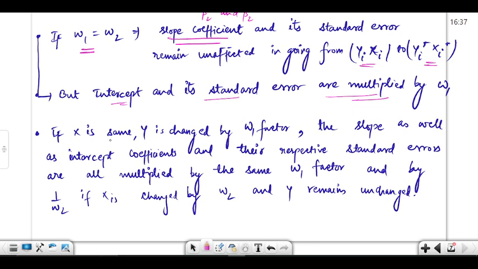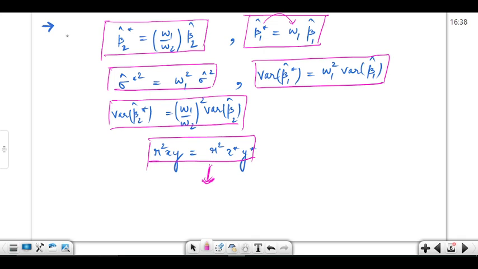Similarly, if W2 is equal to 1 and y is changed by a W1 factor, the slope as well as intercept coefficients and the respective standard errors are all multiplied by the same W1 factor. So if I just change W1, and W2 is equal to 1, there is no change in the x variable.